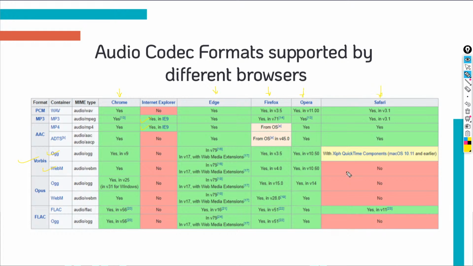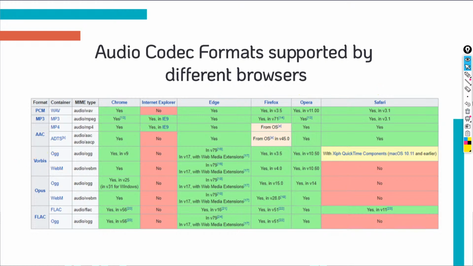Now you can see for WebM, fine, OGG, okay, with WebM again, Opus as a format, that's not being supported by Safari, but they are still working on it. Right now there's no support, but there may be some as this is still in process. So that's how the table shows you the formats supported by different browsers.